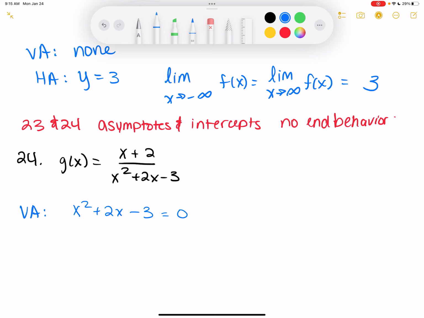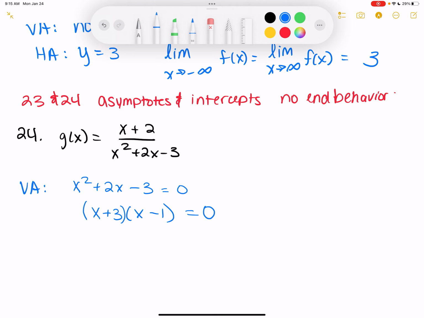I need to factor it first. This is positive, this is negative, so the factors are 3 and 1. It's going to be positive 3, negative 1, so x plus 3, x minus 1. So x equals negative 3, x equals 1. Okay, those are your two vertical asymptotes.